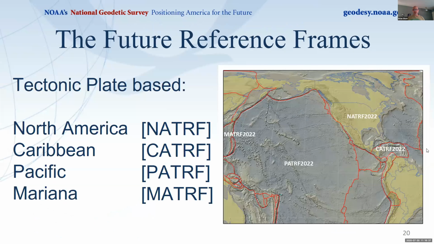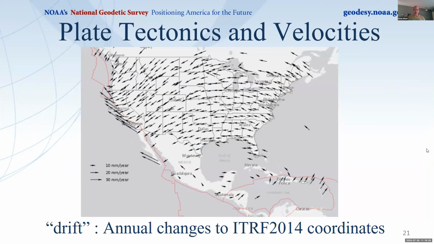For the future reference frames, we're creating reference frames for each of the plates. We have states and territories on 4 plates: the Caribbean, the North American, the Pacific, and the Mariana. So we're creating reference frames for each of those because each of those plates is moving in a different way. For instance, this shows you the movement of the North American plate, the Pacific plate, and the Caribbean plate.